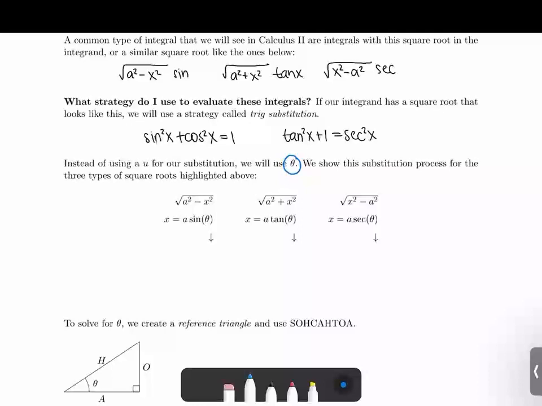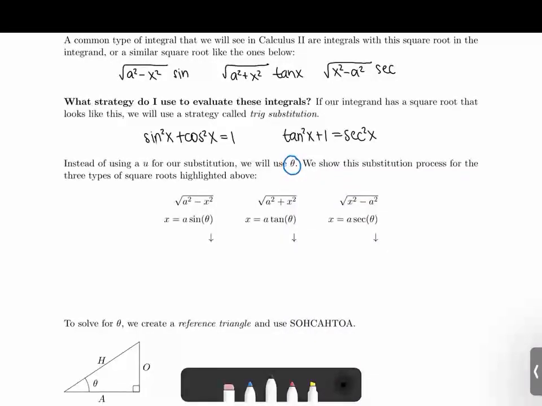So let's walk through each of these three square roots and how we would use our substitution. So that first square root, the square root of a squared minus x squared, the substitution that we're going to use is x equals a sine theta. And then we can rewrite our square root from there.